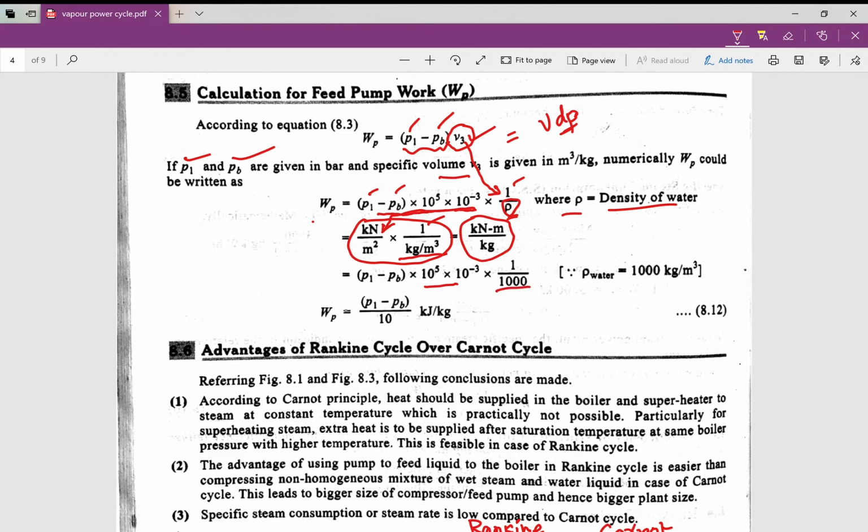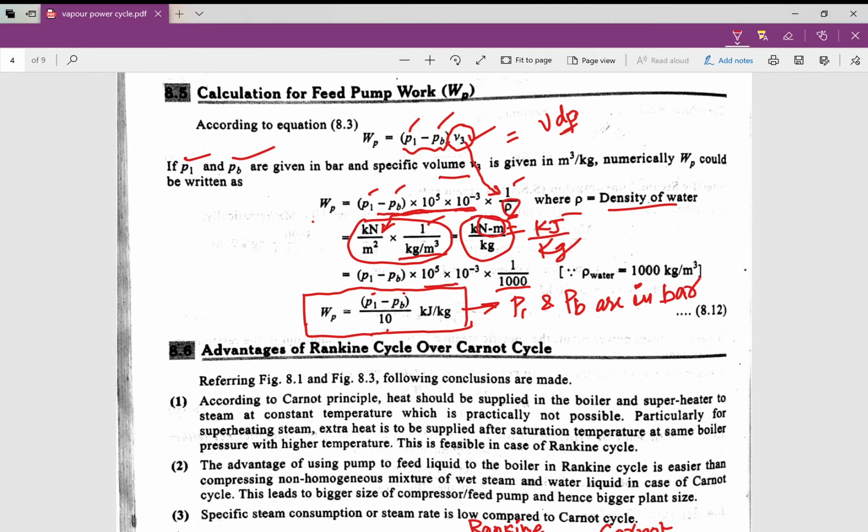Finally it comes out as P1 minus PB upon 10, in kilojoule per kg, because Newton meter is joule, so it is kilojoule per kg. So finally pump work comes out as P1 minus PB upon 10, kilojoule per kg. Students, please remember P1 and PB are in bar.